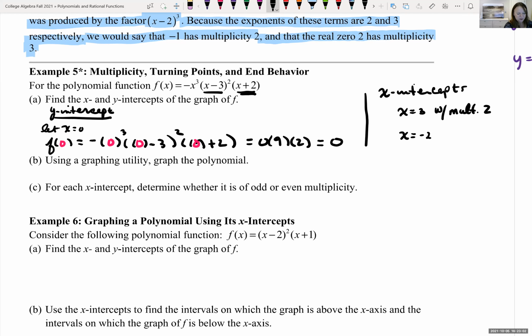Usually we don't say multiplicity 1, but I'm going to put it anyways. And then we also have negative x quantity cubed. So x cubed is equal to 0 when x is 0, and the multiplicity on this one is 3.